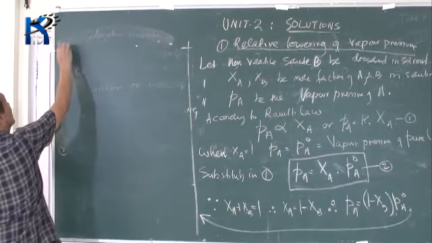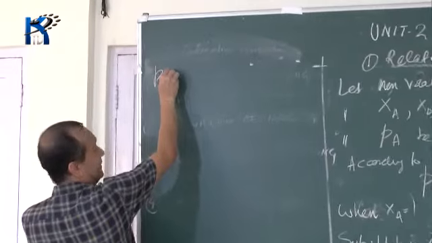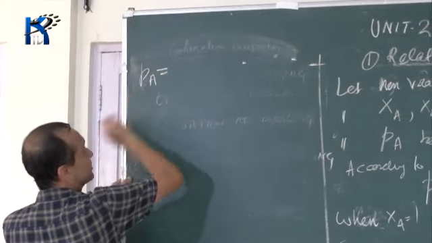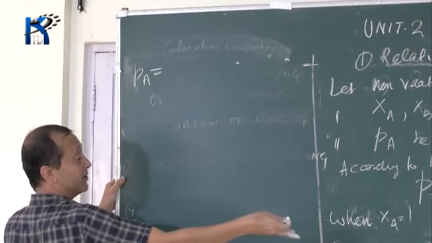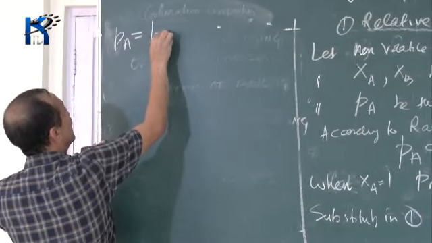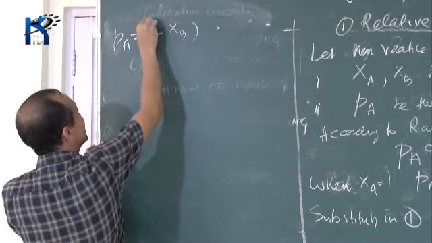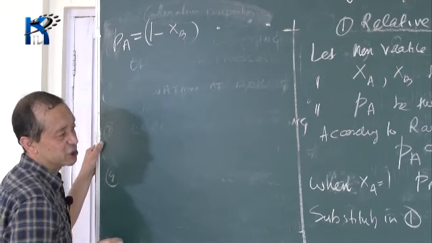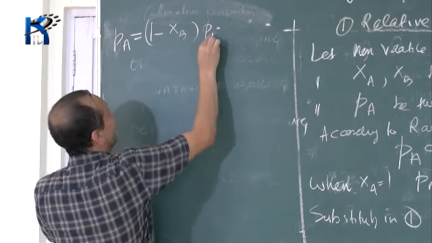So this is what we have got so far. PA, or the vapor pressure of A, is equal to 1 minus XB, where 1 minus XB is the mole fraction of solute, into PA naught.